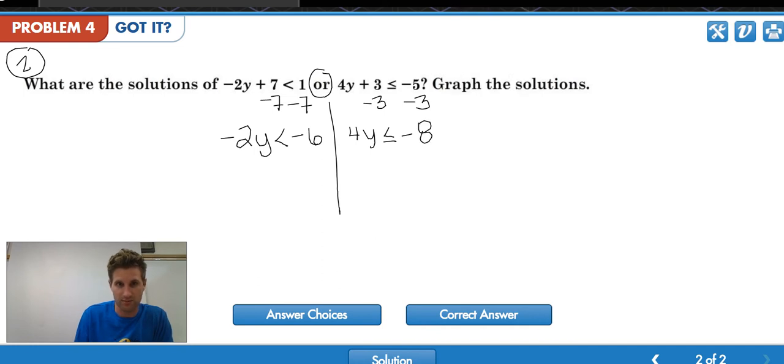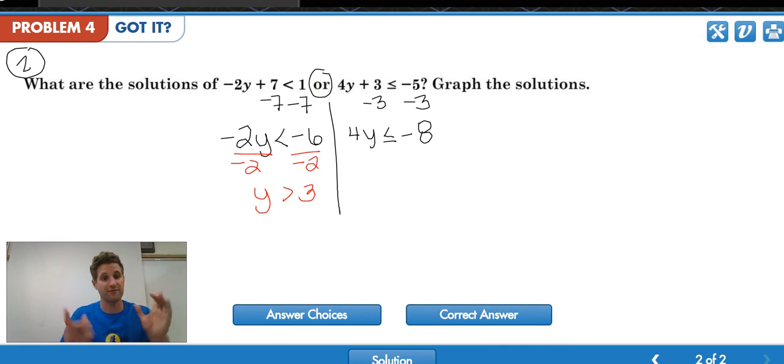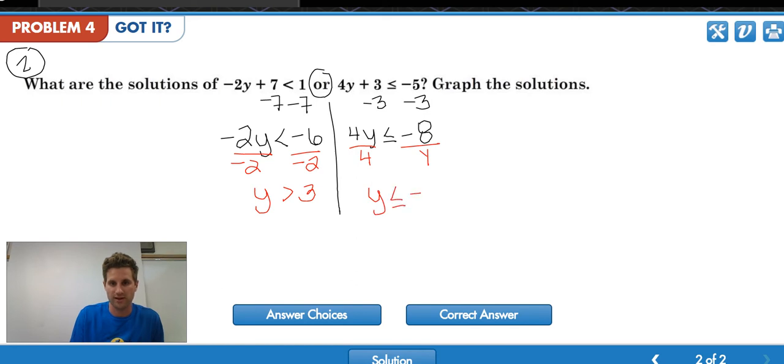Divide by negative 2. Divide by negative 2. And y is greater than 3. Notice I flipped the inequality because we divided by a negative, correct? So the inequality has flipped. Over here, divide by 4, and y is less than or equal to negative 2.